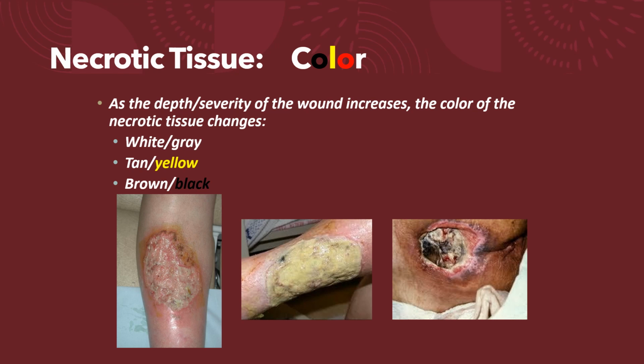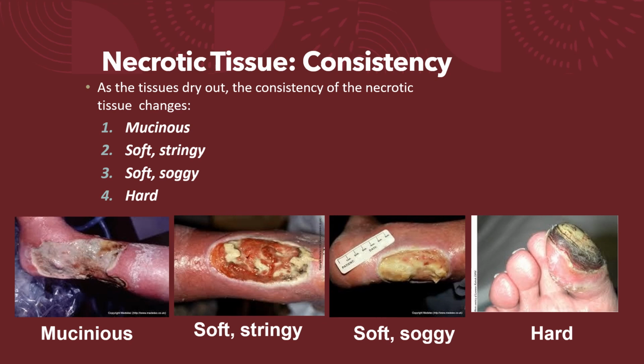So what's going on in necrotic tissue? Necrotic tissue has different colors, ranging from white, gray, tan, yellow, and brown to black. In consistency, there are different types of necrotic tissue, like mucinous and soft stringy, hard tissue, soft soggy like moisturized, then hard caps like eschars.